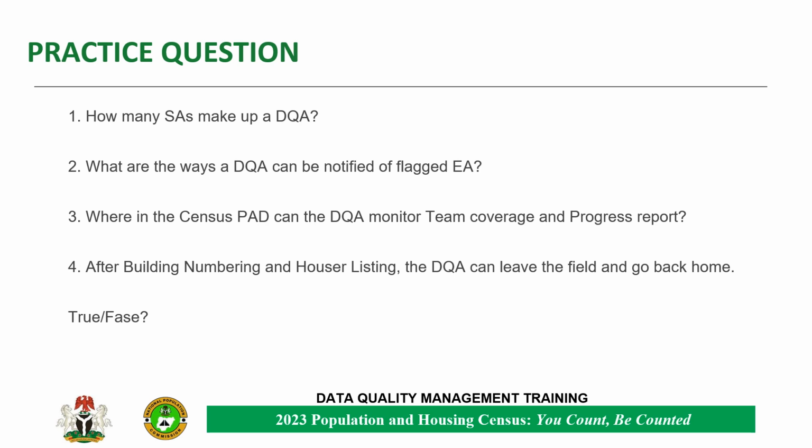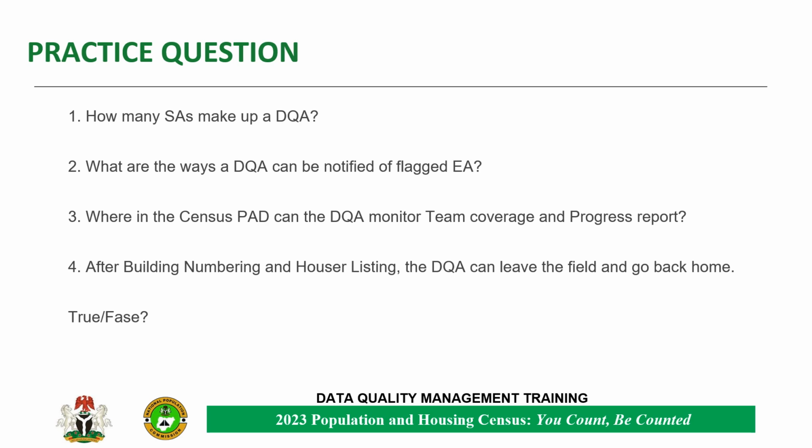By call, and by checking the DQM remark area of the team coverage area. Where in the census part can the DQM monitor team coverage and progress report? It's the team coverage and progress report area.